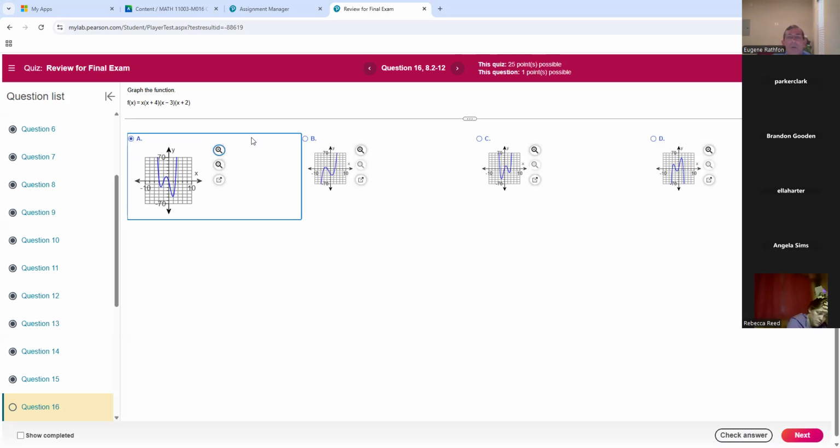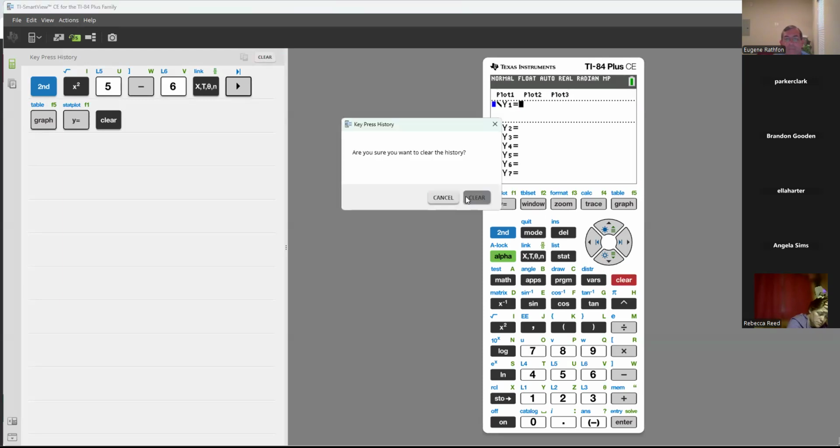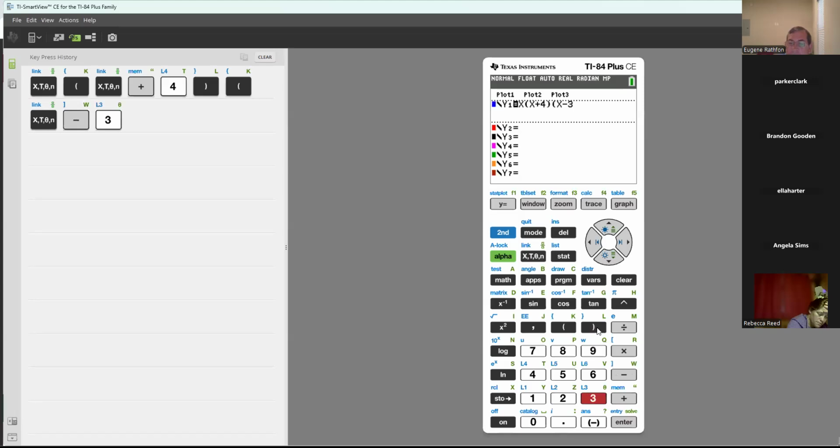So I'm going to go to the calculator, go to y equals and clear everything off. I'm going to put in my function, which was x, and then parentheses, x plus 4, close parentheses, open parentheses, x minus 3, close parentheses, open parentheses, and then x plus 2.